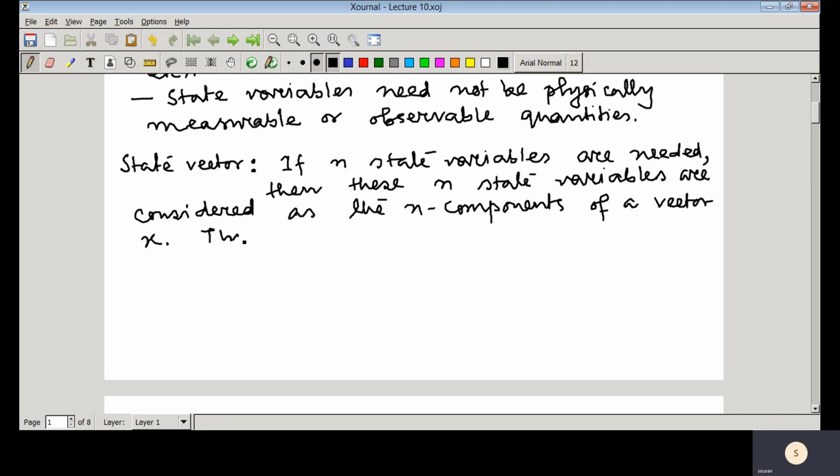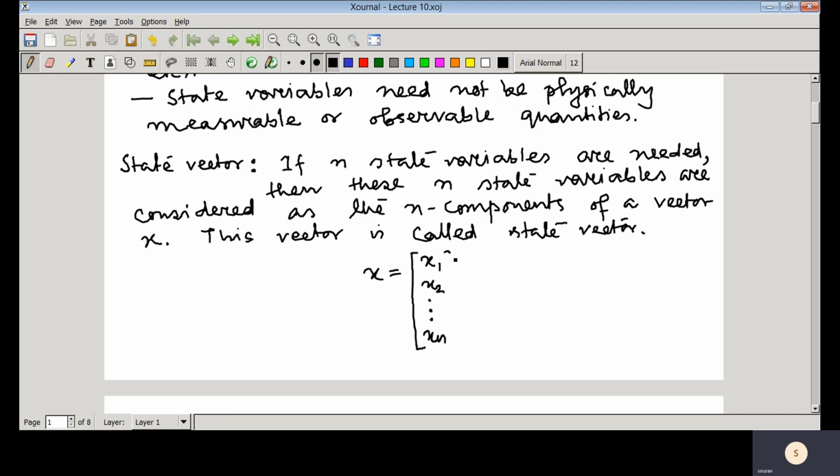So this vector is called state vector. So that means if you have n number of state variables, and if you write those state variables in vector form, that is called a state vector. So that means if x is that state vector, and if you have that n number of state variables, these are the state variables. So this x is called that state vector.